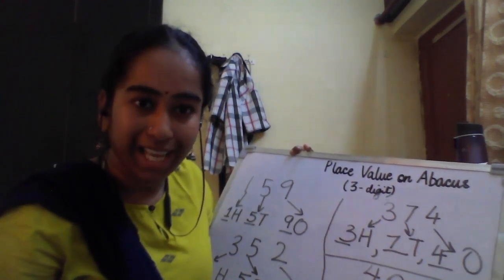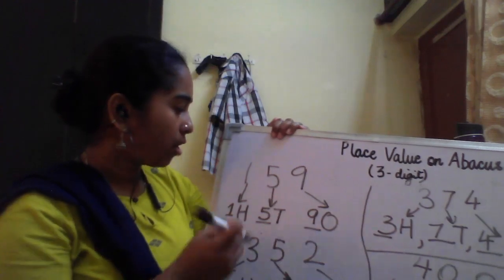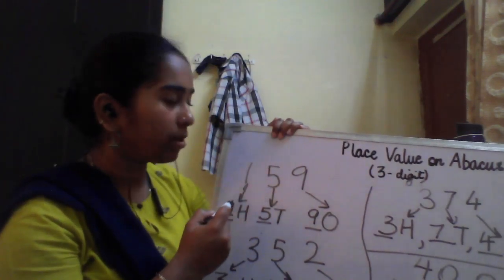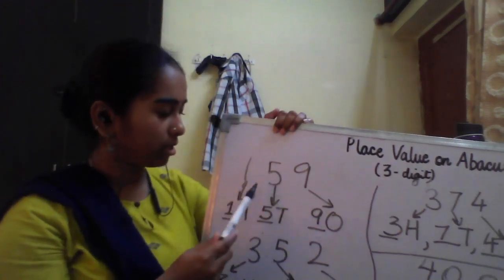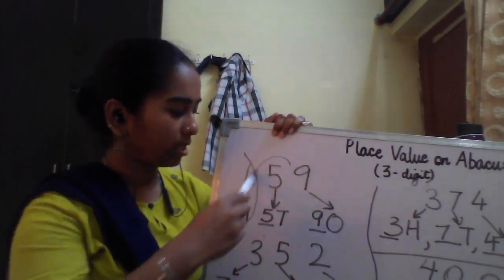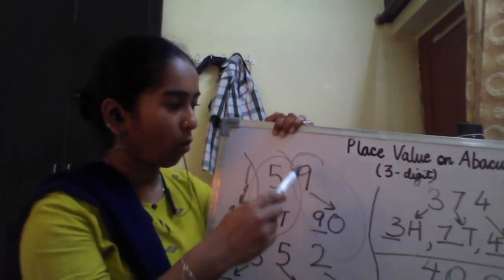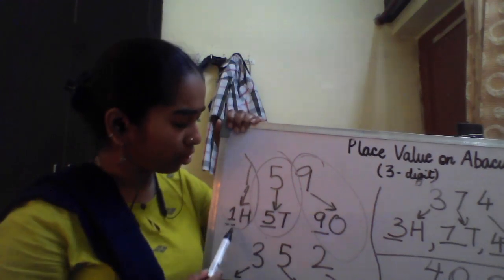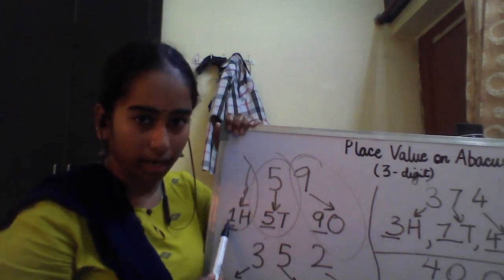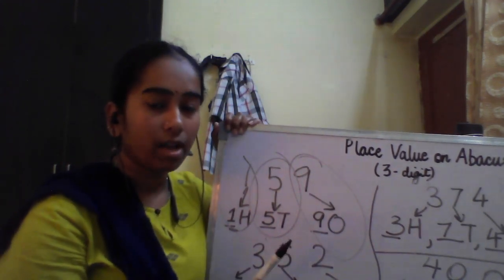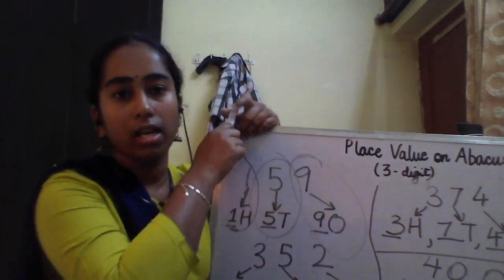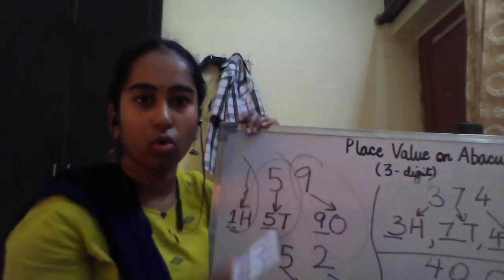Now you know it? Yes, in a 3-digit number, if the number is 159, then the first place that comes is hundreds, tens, and then ones. So in this number, how many hundreds are there? 1. How many tens are there? 5. How many ones are there? 9. Okay.